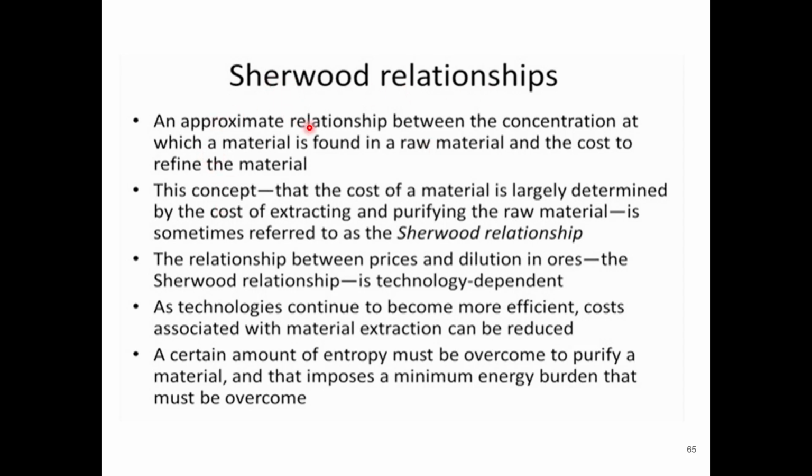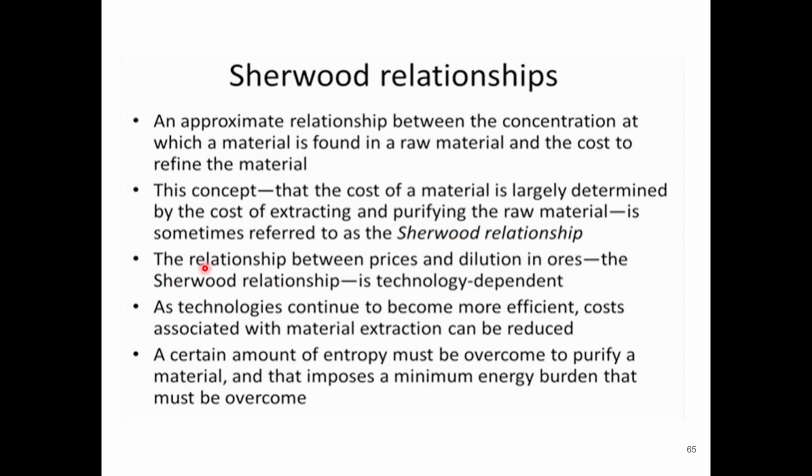So this is an approximate relationship between the concentration at which a material is found in a raw material and the cost to refine that material. So this concept, that the cost of a material is largely determined by the cost of extracting and purifying the raw material, is sometimes referred to as the Sherwood relationship.